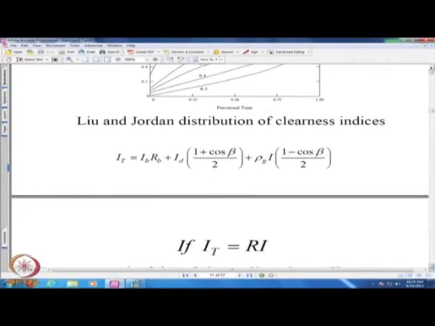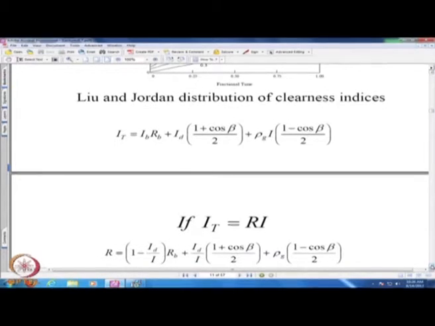You can see if beta is set equal to 0, it will be (1 plus 1) by 2 equal to 1. That means all the isotropic diffuse radiation will be received by a horizontal plane, and similarly, if beta is equal to pi by 2, a vertical surface, half of it will be received. And of course, again if beta is set equal to 0, this will be 0. In other words, a horizontal plane will not receive any reflected radiation from the ground, which is also horizontal.